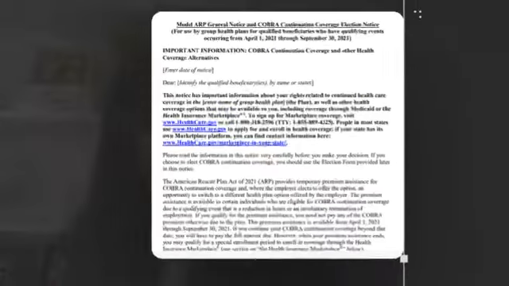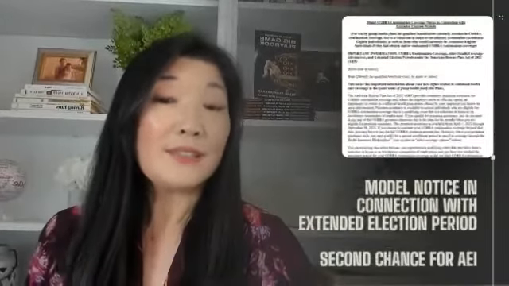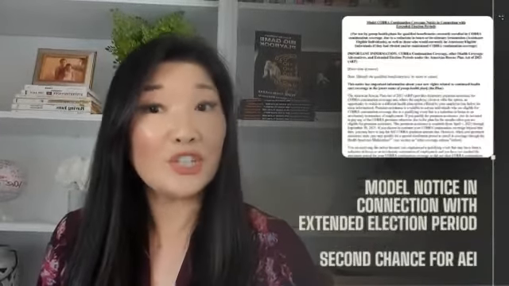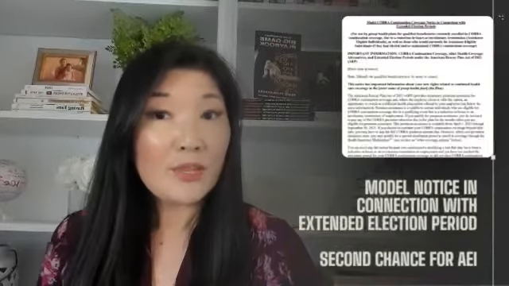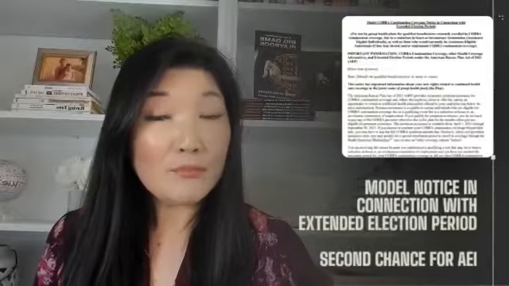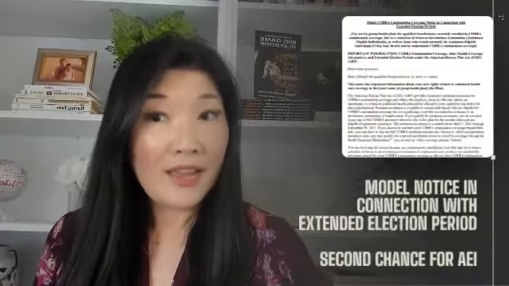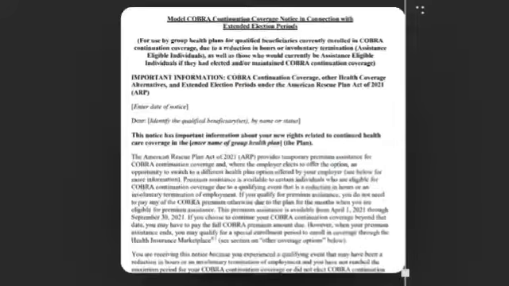The second form that we're going to be going over is what I call the second chance for AEI. And that's what it is. It's to use for second chance for assistance eligible individuals. This form must be provided by May 31st, and recipients have 60 days to return this back to you if in fact they would like to elect it.